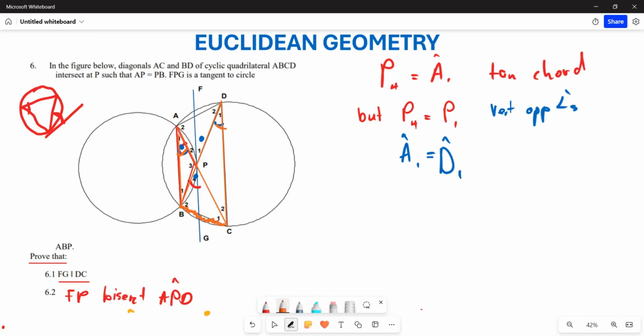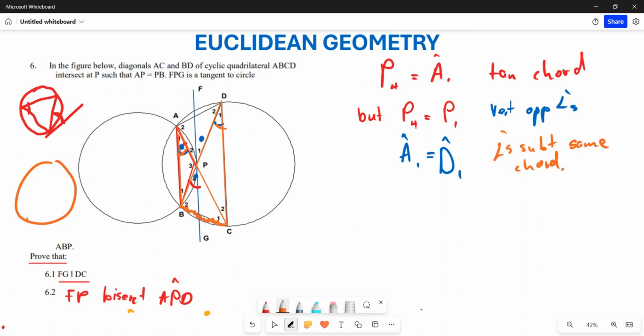The reason is equal angles subtended by the same chord. I think this is theorem number 4, the butterfly theorem.